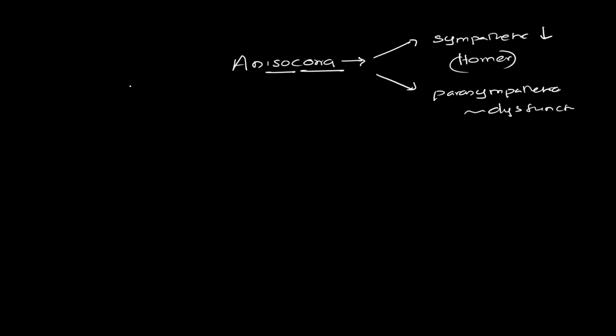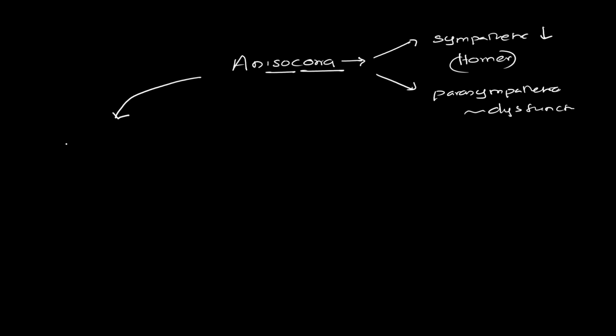In this case, we would like to do a few pharmacological tests to identify which sort of problem the patient has. Now, if this is to be a Horner syndrome or a malfunctioning of the sympathetic system, then I would like to confirm it. How do we do that?